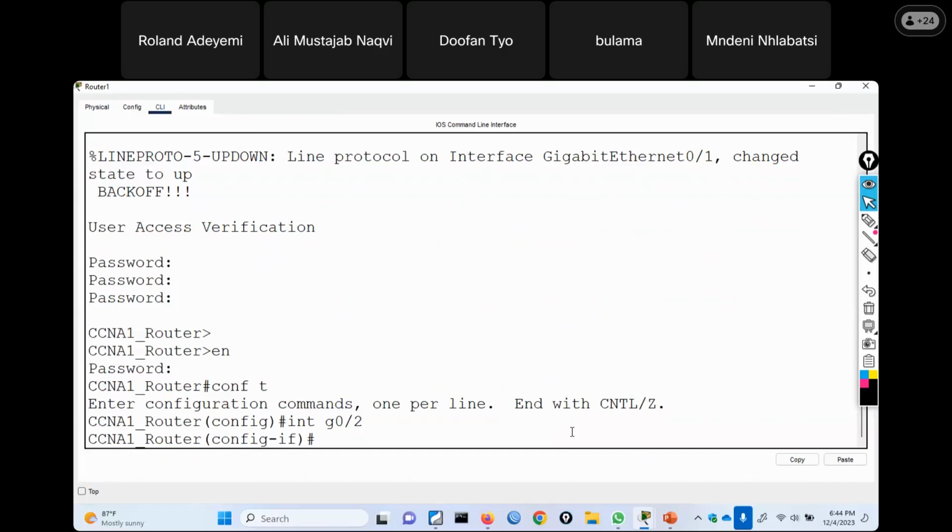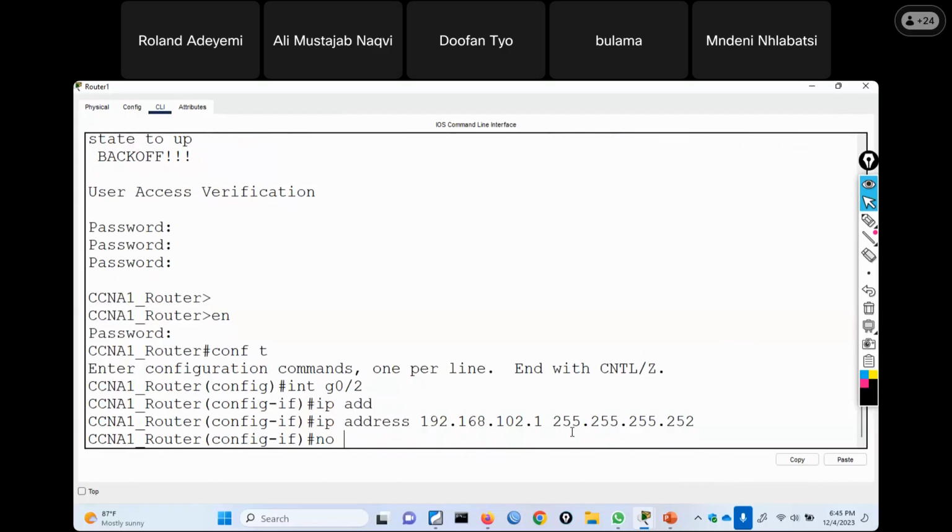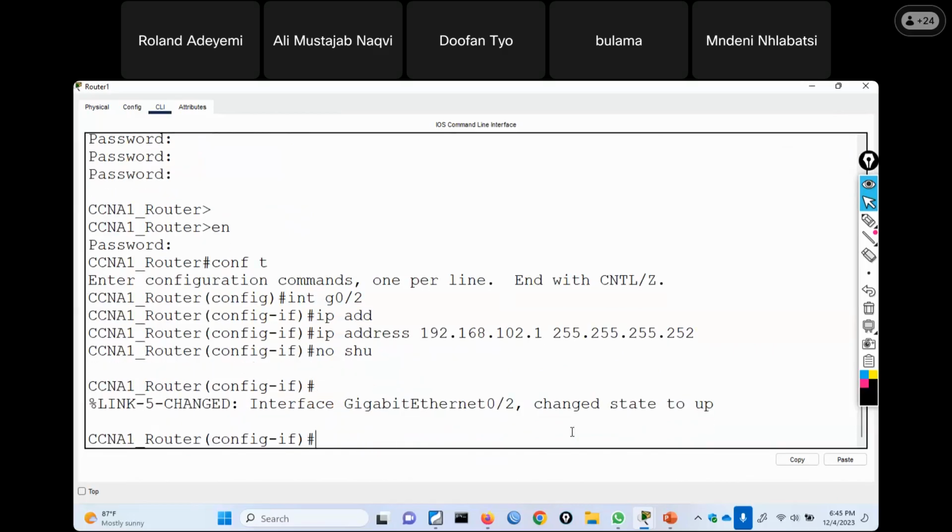IP address 192.168.103.1. Watch out. Subnet mask 255.255.255.252. Back to subnetting.